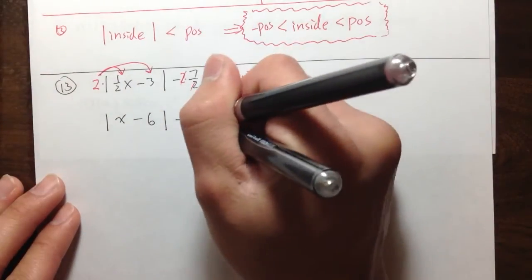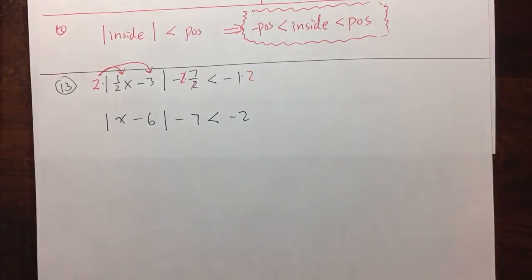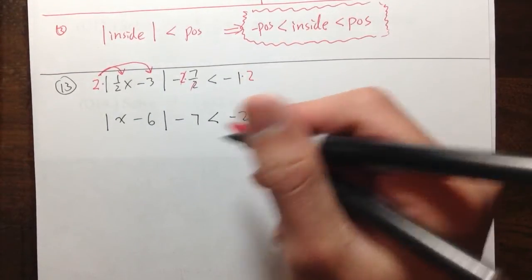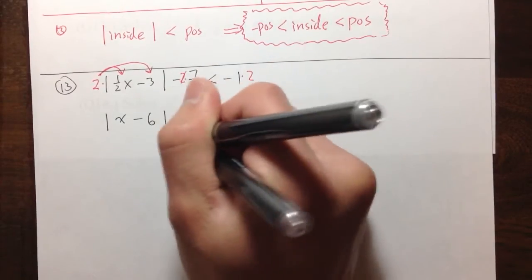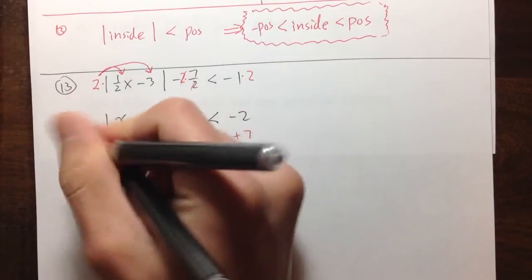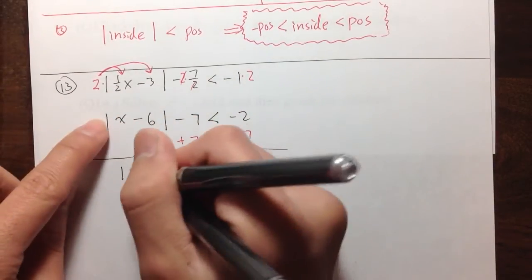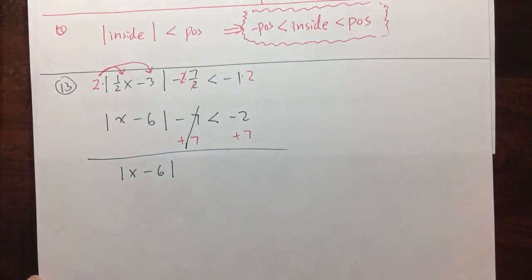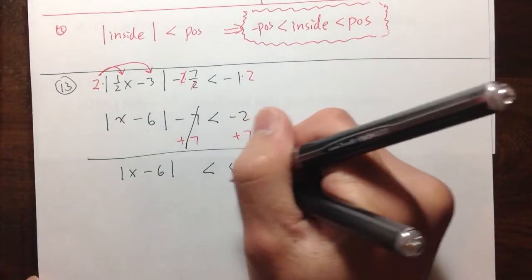And then it's less than -1 times 2, which is -2. So this is good because we have no more fractions. Then we work with the -7 right here. I'm going to add the 7 on both sides, and then I will get absolute value of x minus 6, and the -7 cancels to be equal to 0, less than -2 plus 7, which is 5.